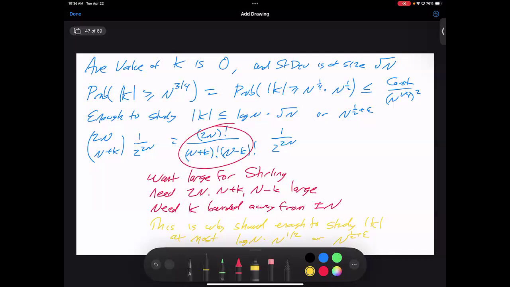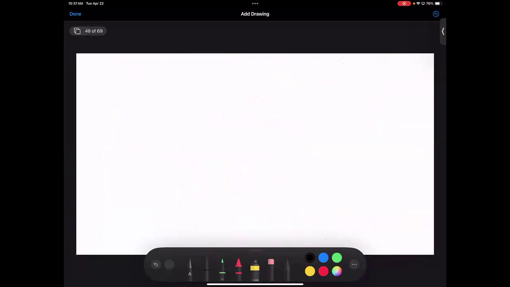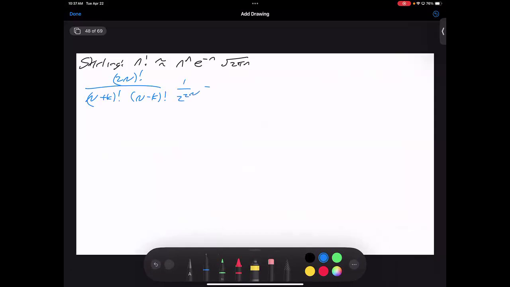So now we want to expand these using Stirling's formula. Before we do anything, let's just restate Stirling. Stirling is n factorial is about n to the n, e to the minus n, square root of 2 pi n. And so we have n plus k factorial, n minus k factorial, 2n factorial, and a 1 over 2 to the 2n.